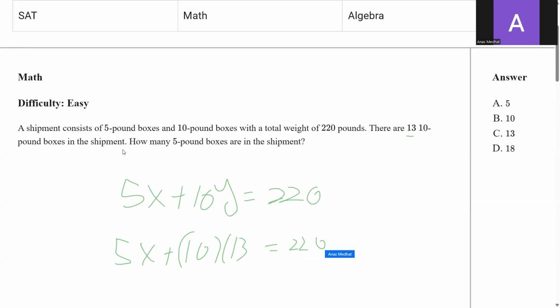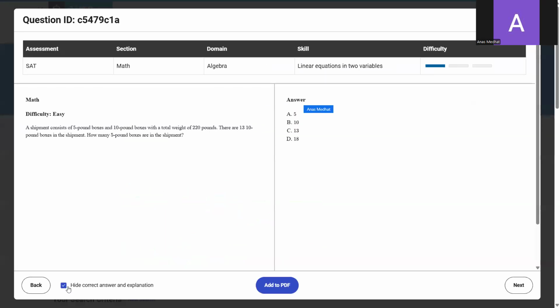Now multiply 10 by 13, which is 130, and move it to the other side. 5x equals 220 minus 130, which is 90. X equals 90 over 5, which is 18. So x is equal to 18. Answer is D.